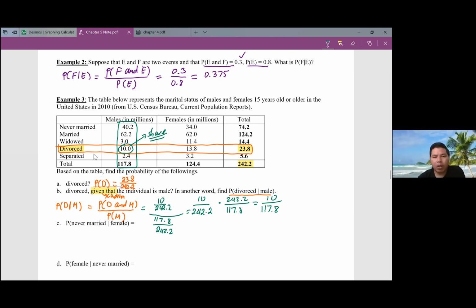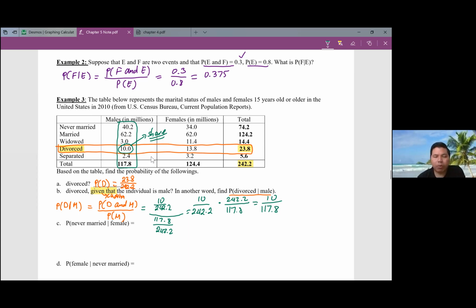And then I ask you, what is the probability of divorce in that column? You would tell me it's 10 over 117.8 million. That's exactly what conditional probability is about, so now we get 10 out of 117.8.